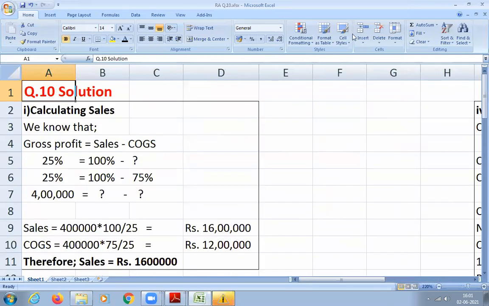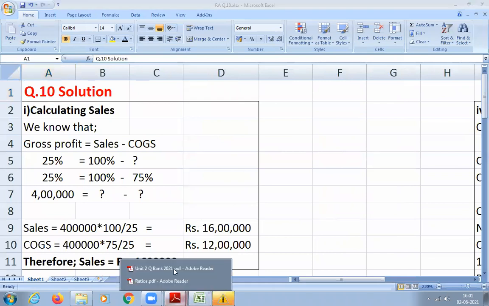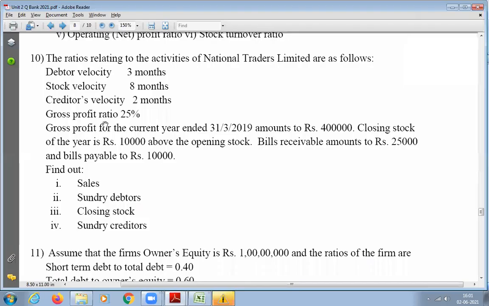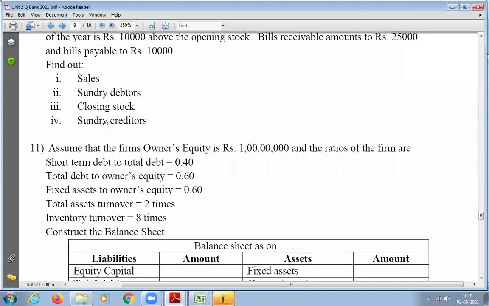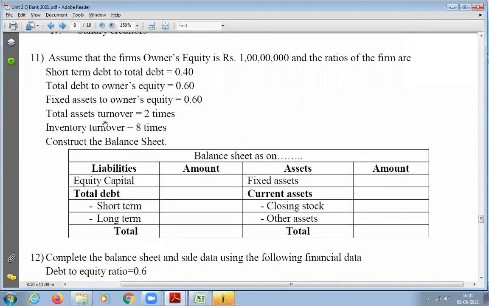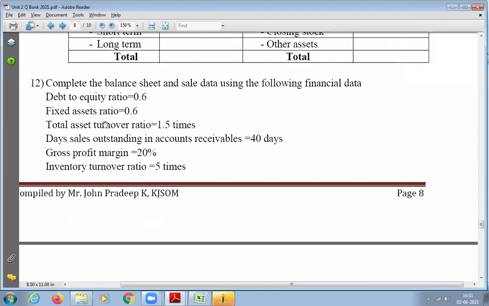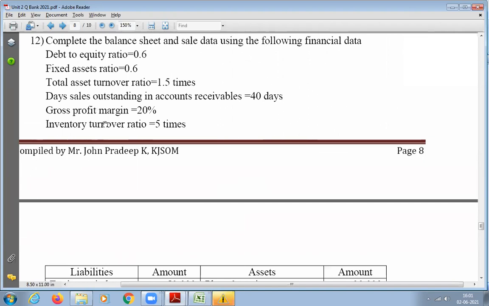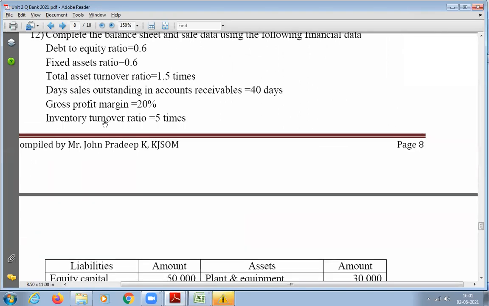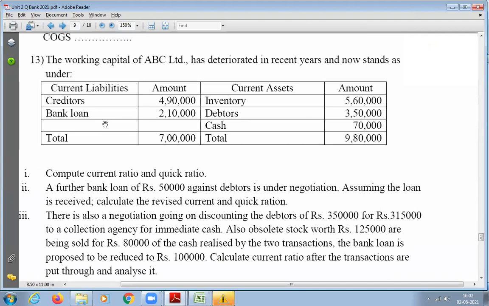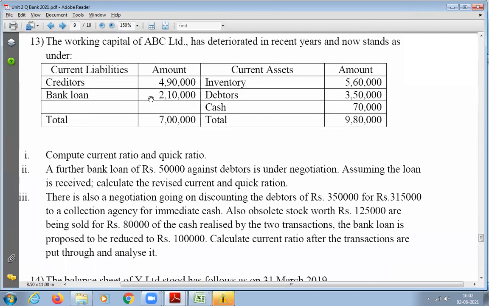Which question is left out now for us to solve? 10 is over. 11 is done. 12, you have done as homework. 13 we didn't, so 13 we have to solve now.